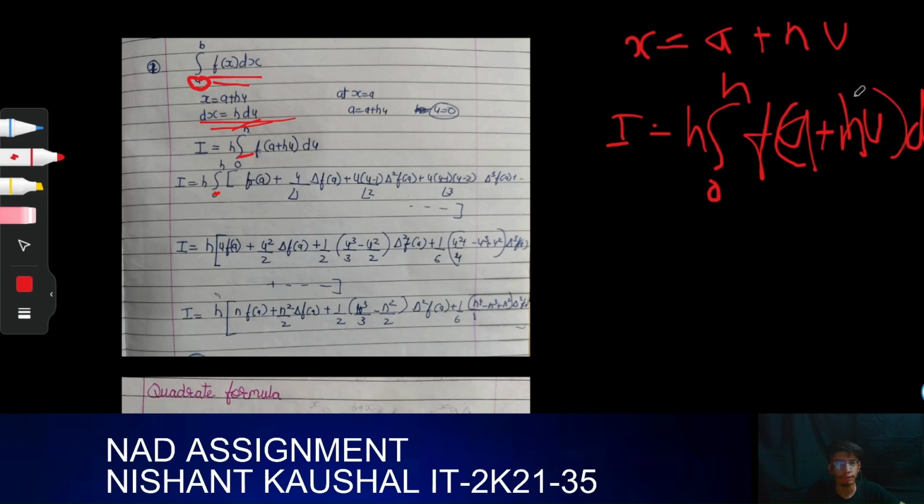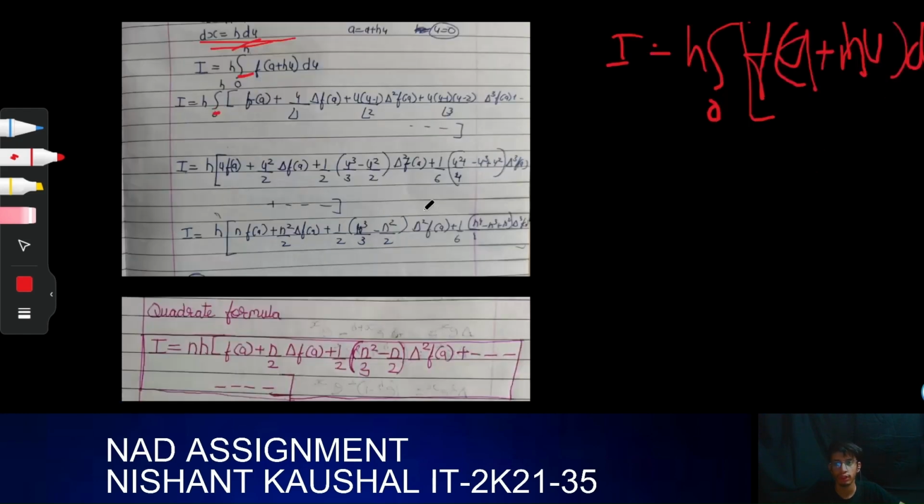Now we will expand it by Taylor's theorem. As we know Taylor's theorem, this function will become I equals h integration 0 to h of f(a) plus u upon factorial 1 forward difference operator f(a), plus u into u minus 1 upon factorial 2 del square f(a), and so on. Now what we can do is integrate all of these terms.